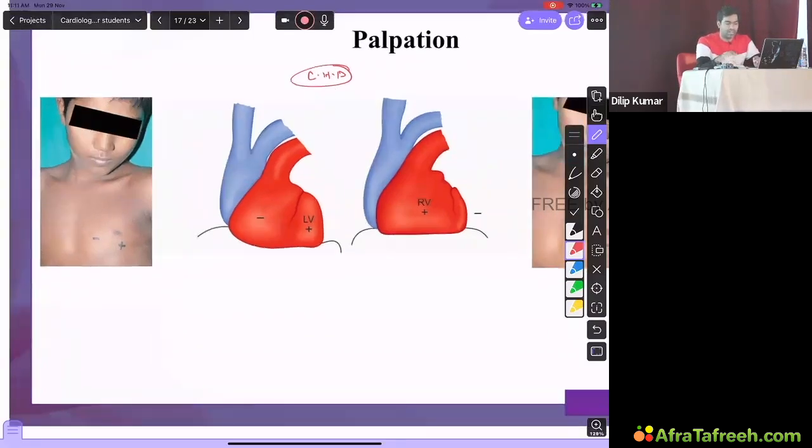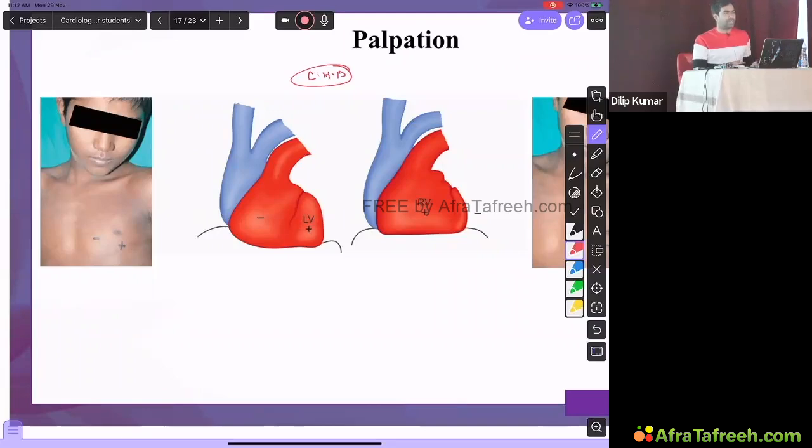So first of all, I told you the right ventricle is the most anterior chamber. Left ventricle is posterior, a little behind, not the most posterior. The most posterior chamber will be the left atrium, of course, based on anatomy. So first right ventricle, then a little behind is left ventricle, then right atrium, then the last, most posterior structure is the left atrium. That's how the heart is arranged. So if the left ventricle hypertrophies, generally it just grows outwards, that's all.